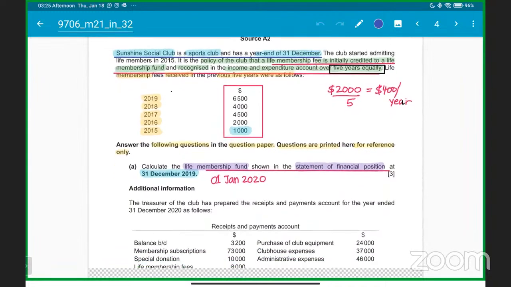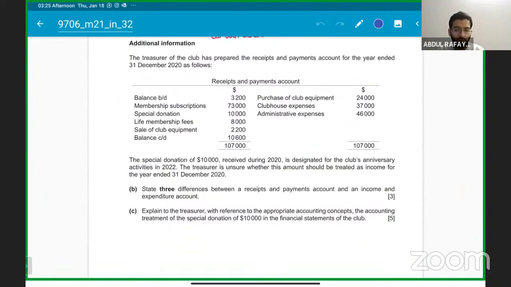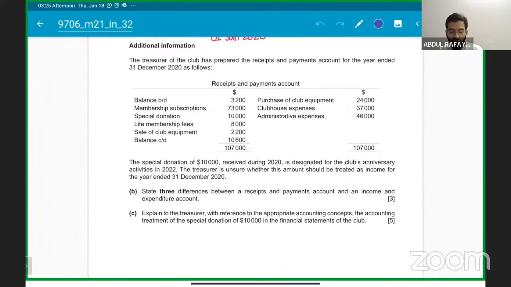Okay, next we have 3 marks out of 25 marks, students. We need to understand. I will give you a couple of minutes to read the additional information, because we then have to do part B and C. All of them are theory parts.